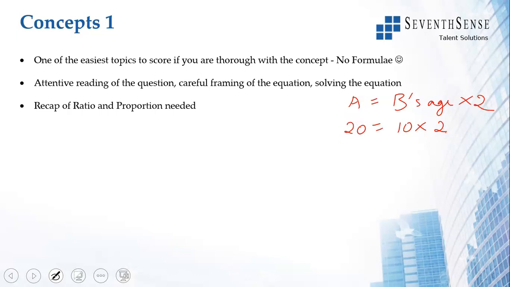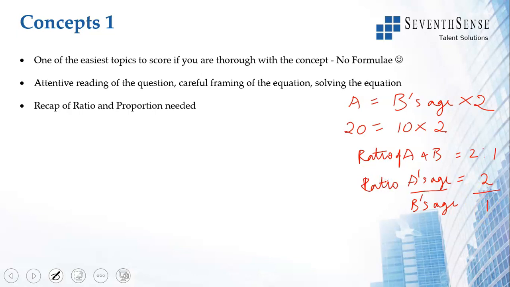But how do you write this in fractions or in ratios? You say the ages of A and B are in the ratio 2:1, which is also A's age divided by B's age is 2/1.